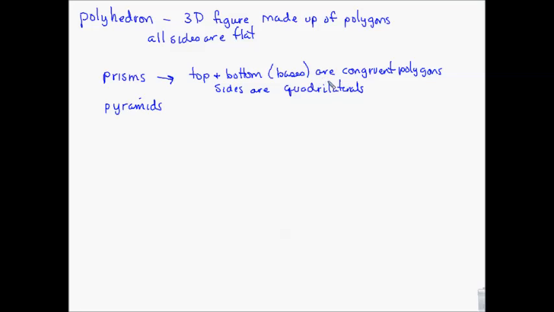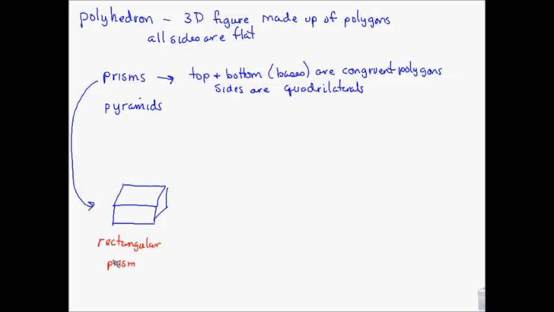So if you have a box, a box is a rectangular prism, because the top and the bottom are congruent rectangles, and then all the sides are rectangles.